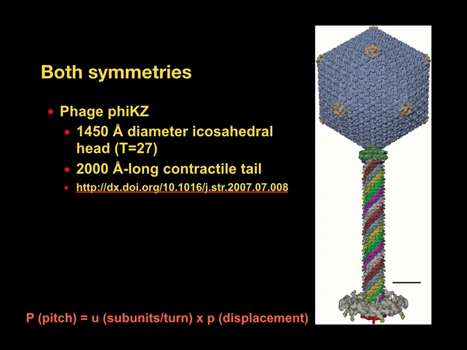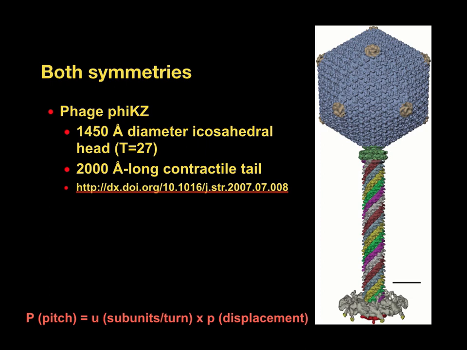We can find complex viruses that have both. Here, for example, this phage has a giant head with a T number of 27, and then it has a tail that has helical symmetry, and this is contracted. Here we can see how we can have different displacements.